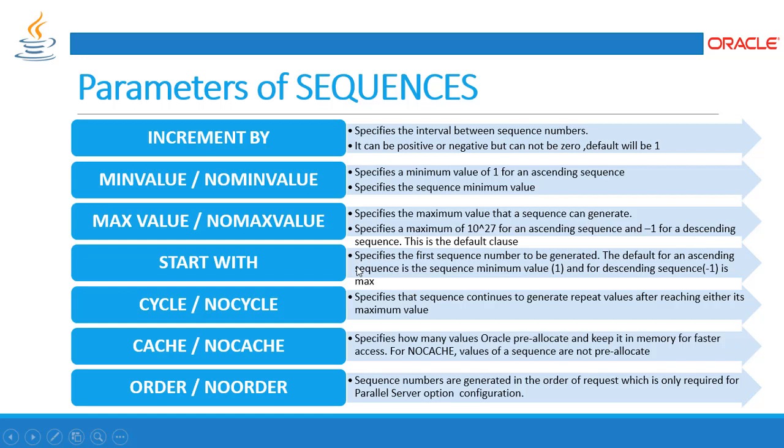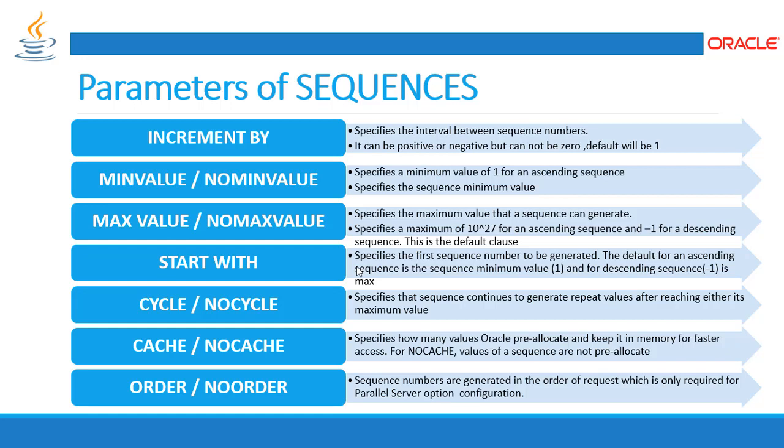Start with: specify the first sequence number to be generated. The default for an ascending sequence is the sequence minimum value 1, and for a descending sequence it will be -1. It's like when you create an account, your first account ID will be stored in the database with some value, starting with 1, then followed by 2, or any interval.